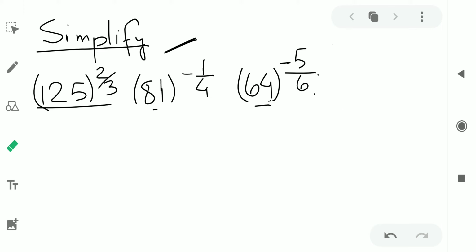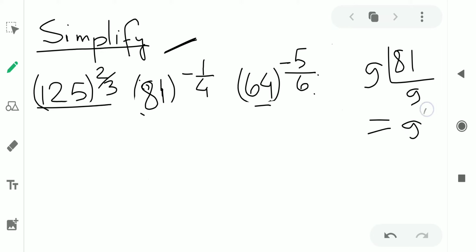So the next is 81, and how to solve this question now? Again I said we have to simply express 81 as a power of some other number. So if we factorize it, one can do it this way also: 9 9s are 81, so it means it is 9 square.